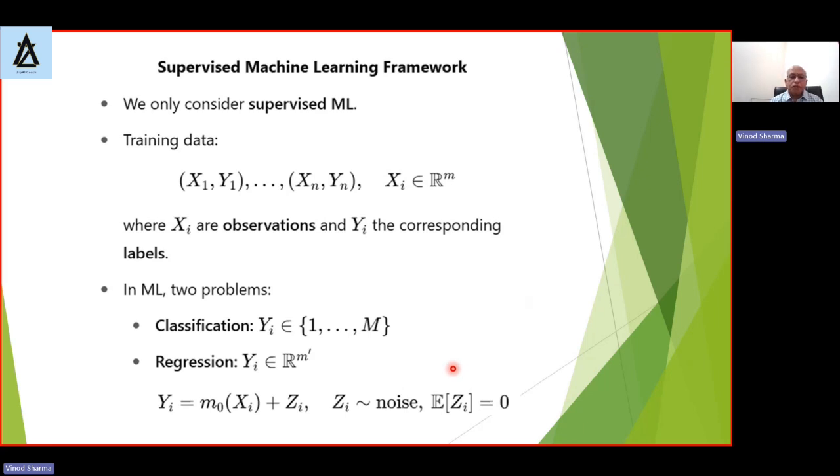The dimension of yi may be different from that of xi. And in this case, yi's are related to xi's via the relationship yi equals m0(xi) plus zi, where zi is noise with expected value 0, and xi and zi are independent of each other. In this, m0 is an unknown, possibly nonlinear function, which we would like to estimate from the observations (x1, y1) to (xn, yn).